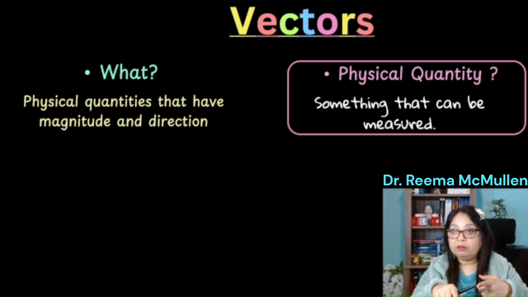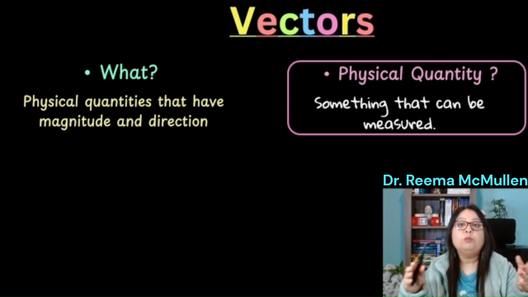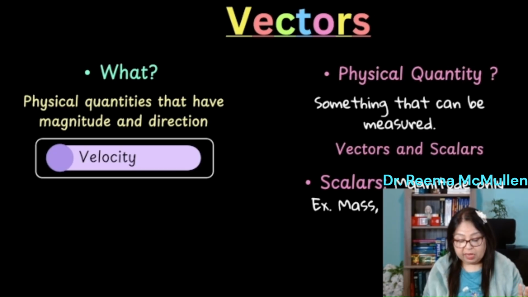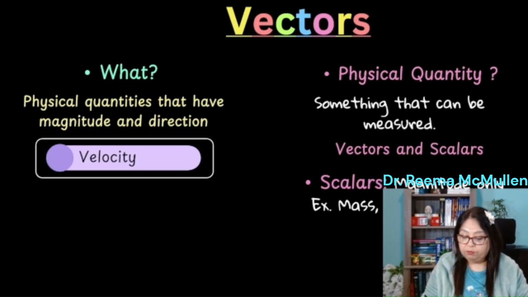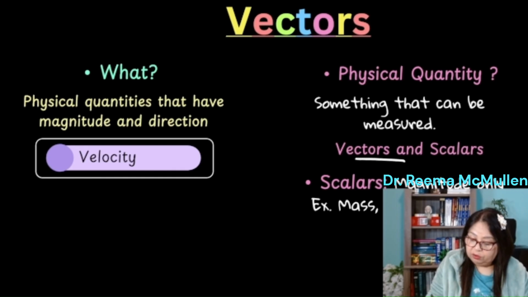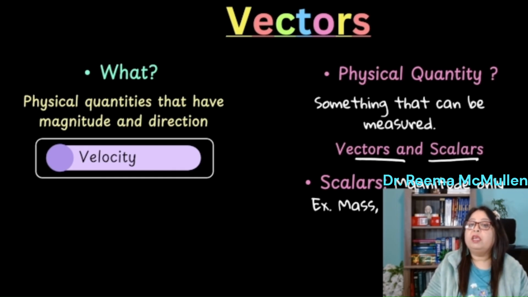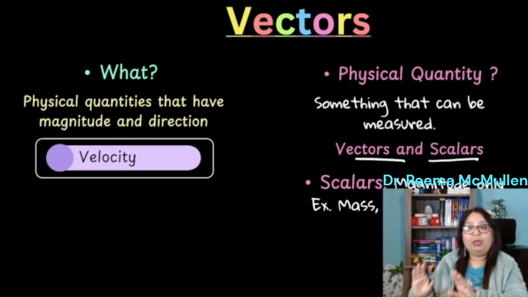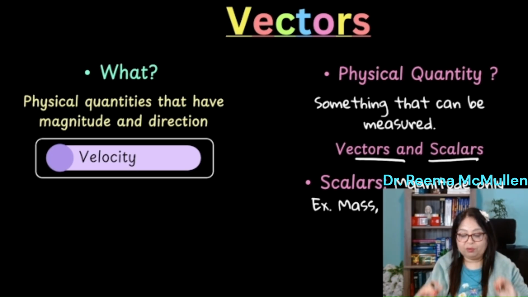Scalars are physical quantities with only magnitude, while vectors are physical quantities with both magnitude and direction. All right, moving on. Already said that there are two kinds of physical quantities, scalars and vectors. And scalars have magnitude only, for example, mass and temperature and speed. So temperature and speed, that is kind of hiding behind my image over there.